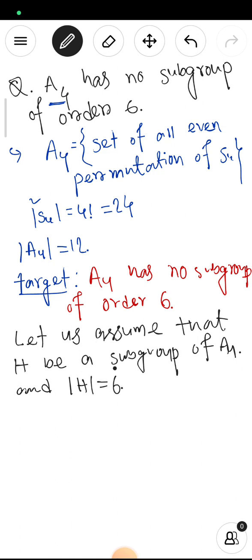Because we want to prove this statement by the contradiction method. So we assume that A4 already has a subgroup, that is H, of order 6.